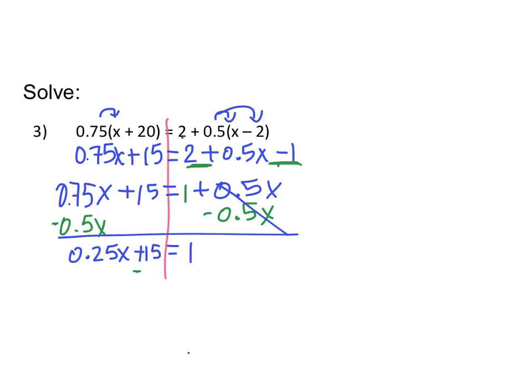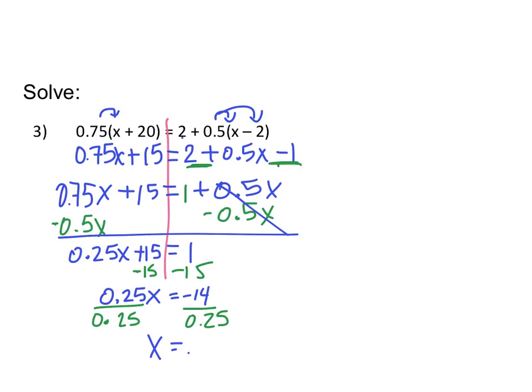We need to subtract the 15 from both sides. This leaves us with 0.25x is equal to -14. Last step is going to be to divide everything by the 0.25. And we get our final answer of x equals -56. Once again, you want to double check in the calculator when you're working on your test.